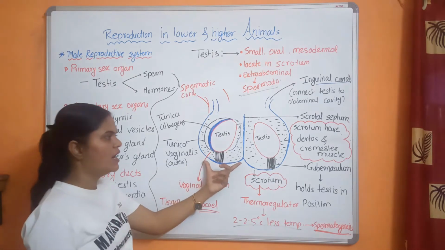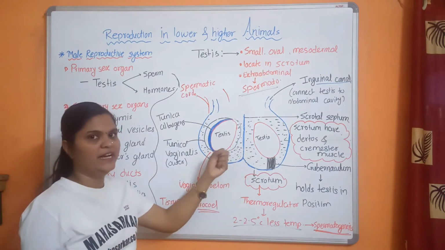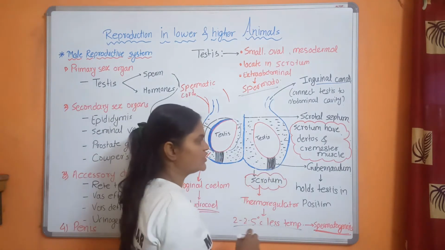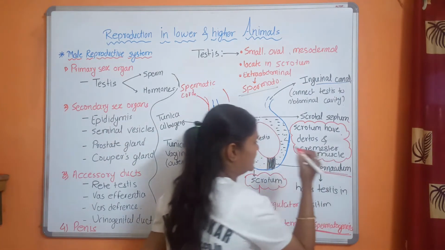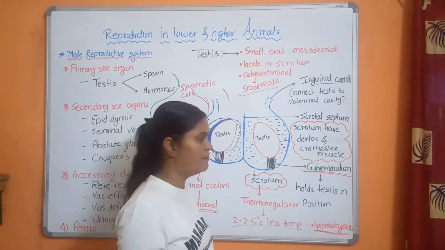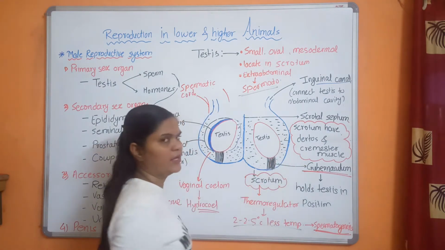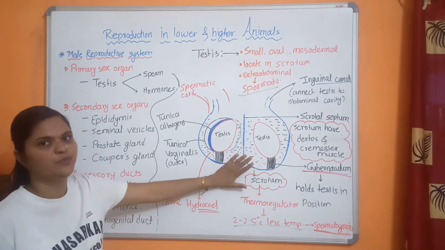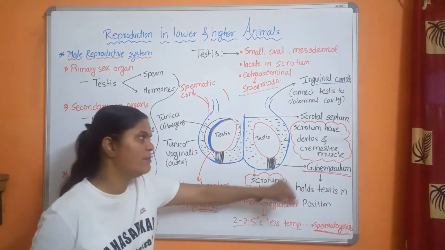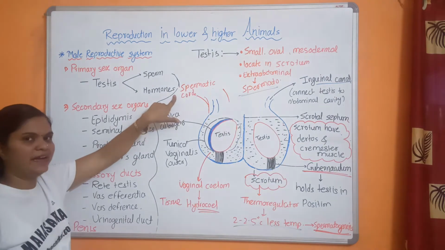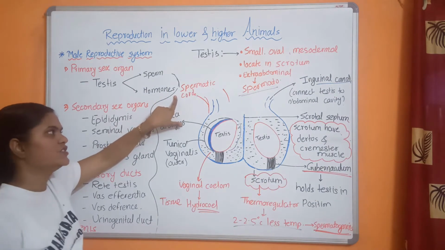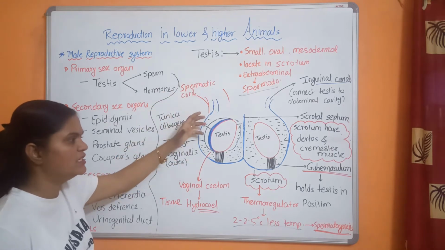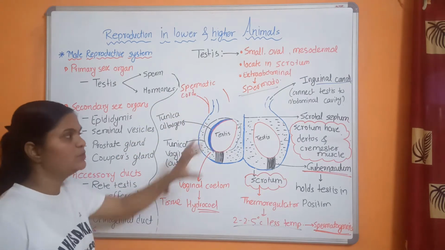The testes are held in the scrotal sac by a fibromuscular band, the gubernaculum, through which the testes are held in position. The second is the spermatic cord, through which the testes are connected with the abdominal region and held in position.